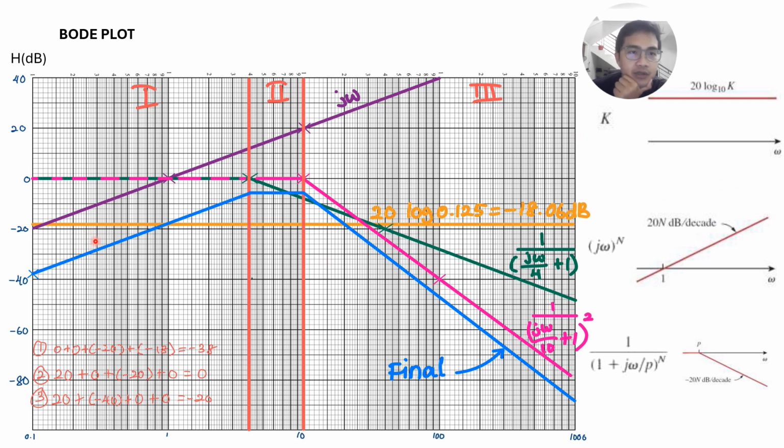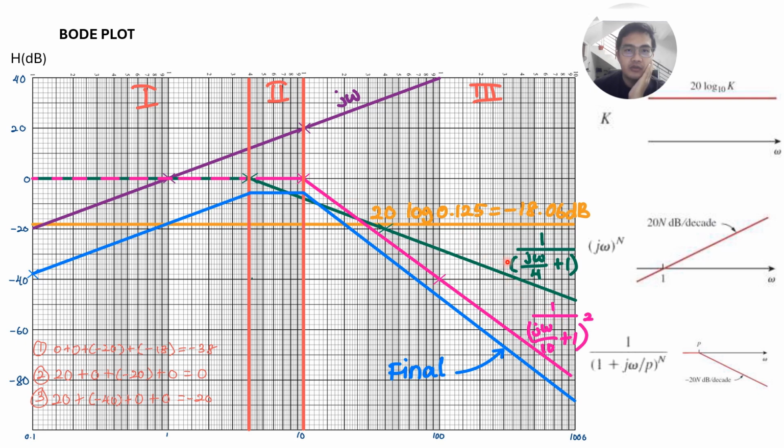And then the second part is jω. So just make a straight line from 1 to 10, and then we can just draw a straight line like this. And then the third part, which we have two: 1 plus jω over 4, and also 1 over (1 plus jω over 10) squared.